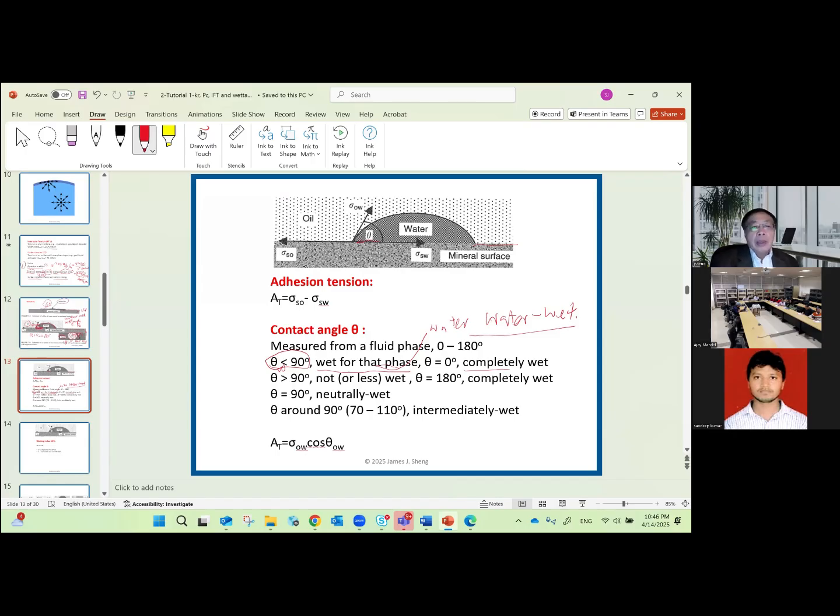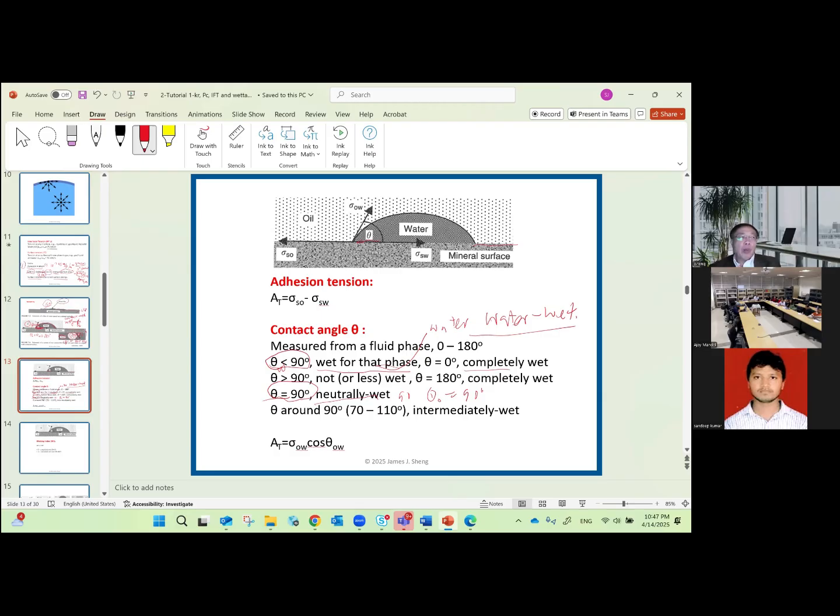Okay? Further, if the contact angle is equal to 90 degrees, it is in the middle, right? So we call it neutral wet, because if the water contact angle is 90 degrees, then the oil contact angle will be 90 degrees too. As I mentioned earlier, this contact angle represents the wettability.